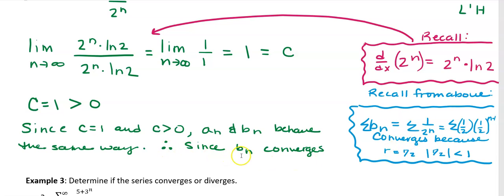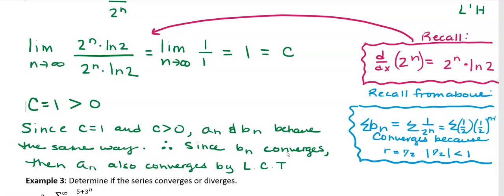So therefore, since we know that B sub n converges, we know then A sub n also converges, and this is by the limit comparison test. And that is how to apply that.